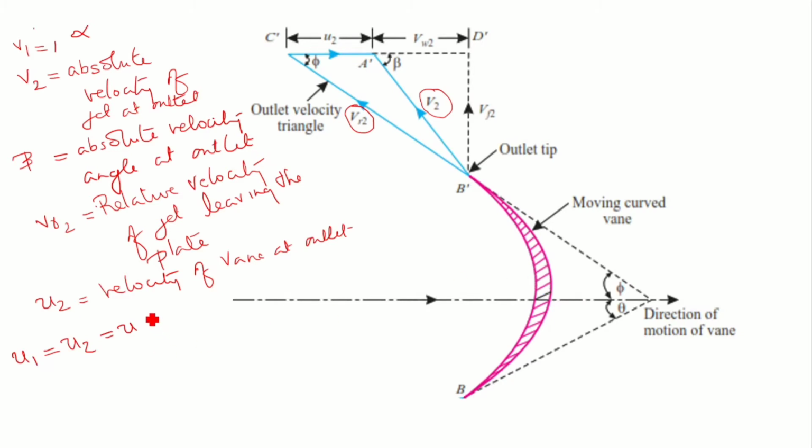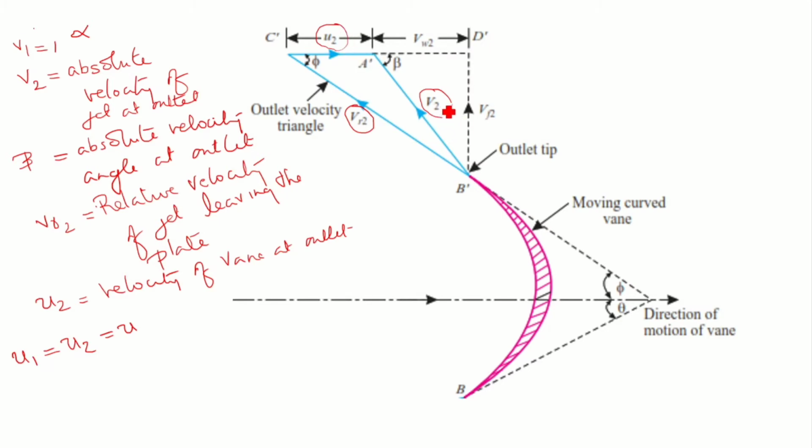So that is known as U. In this case only are the velocity of vane at inlet and at outlet equal. For other problems, we need to take them separately, represented as U1 and U2. So U2 is the velocity of vane at the outlet.